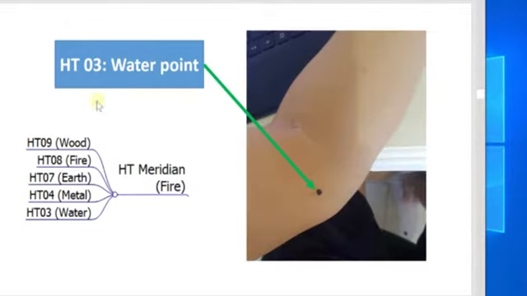And the last one of the heart points is the water point, HT3. How to find this point: when you are folding, the end of this line looks like it is here, but when you stretch out, the point looks a little bit higher.